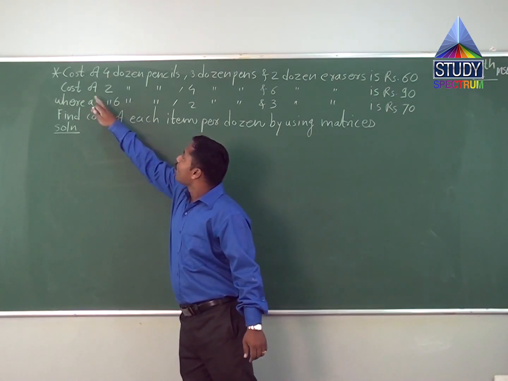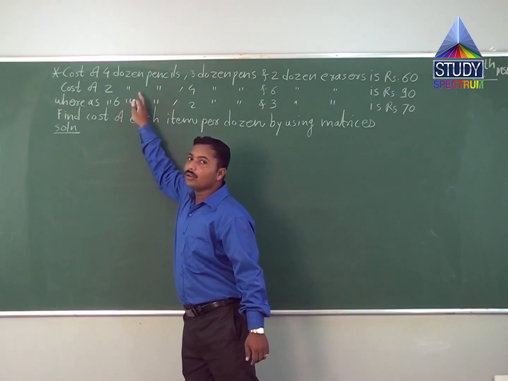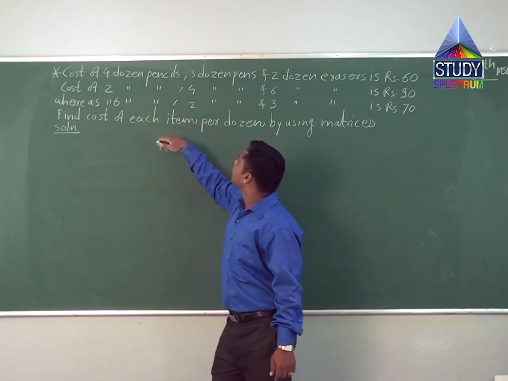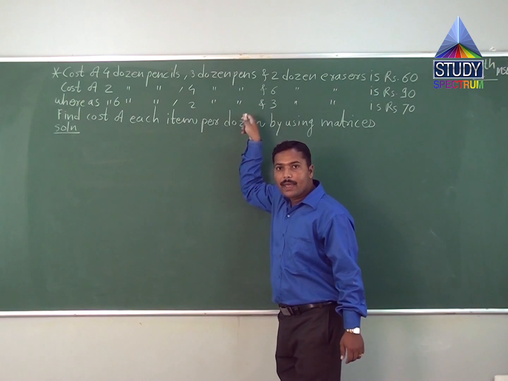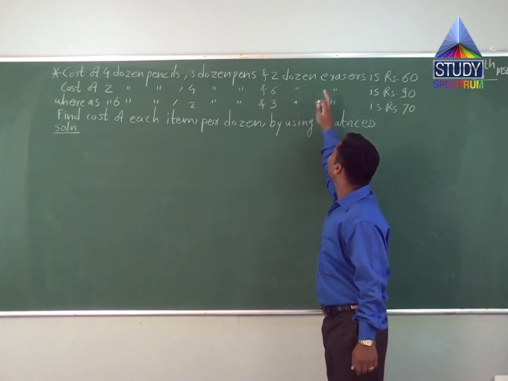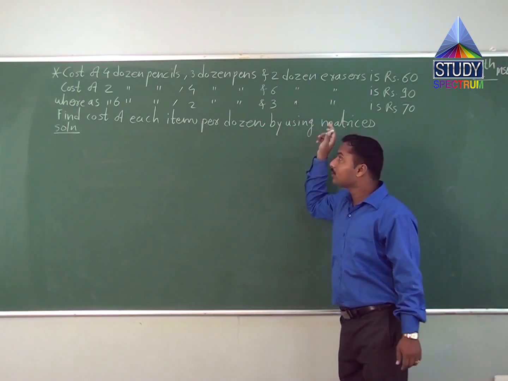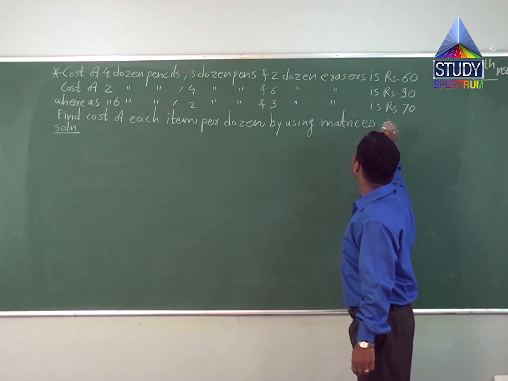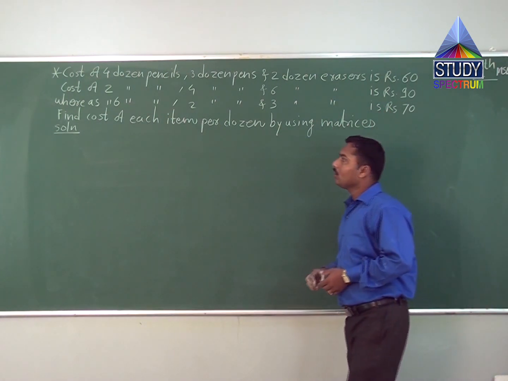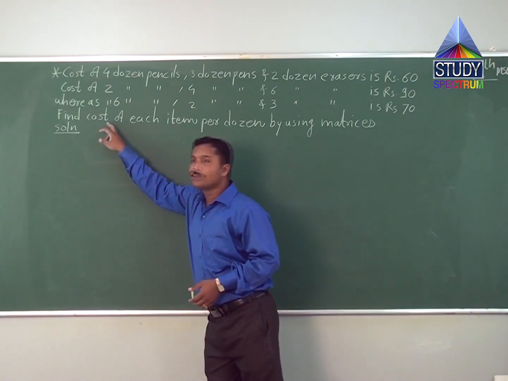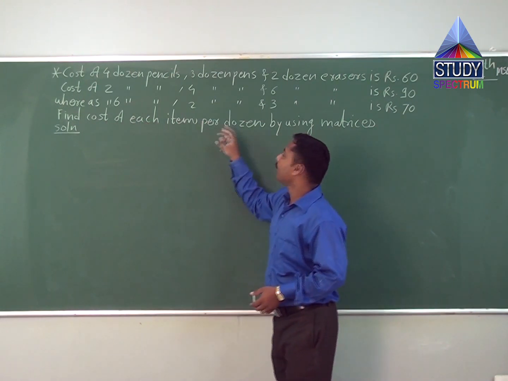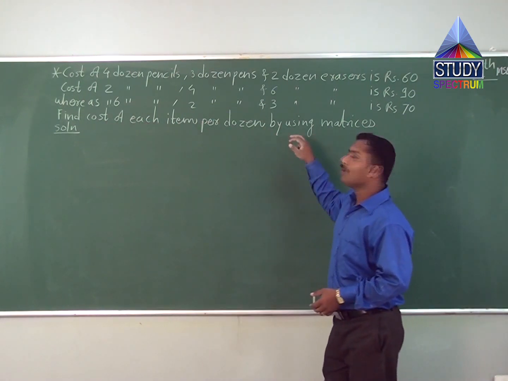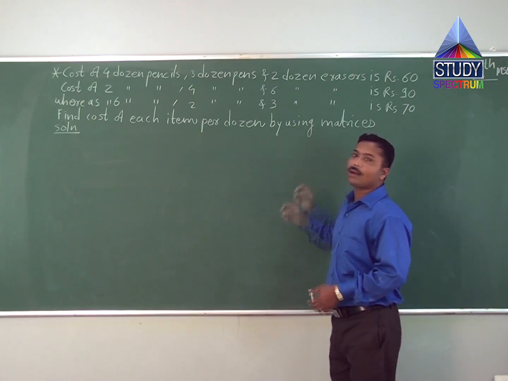Whereas cost of 6 dozen pencils, 2 dozen pens and 3 dozen erasers is rupees 70. Find the cost of each item per dozen by using matrices.